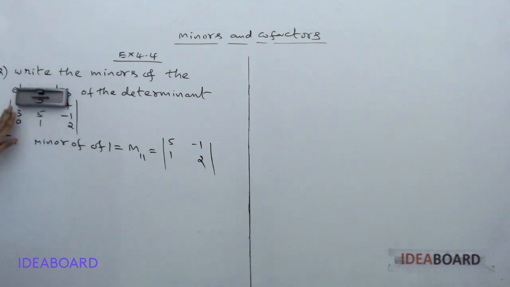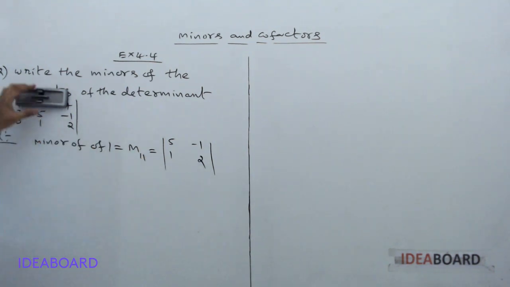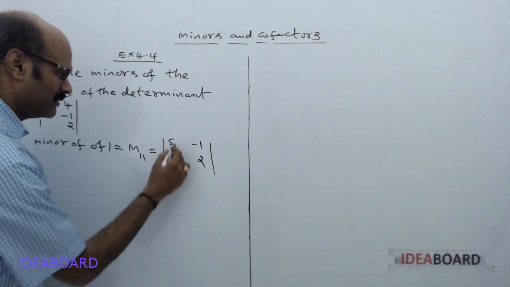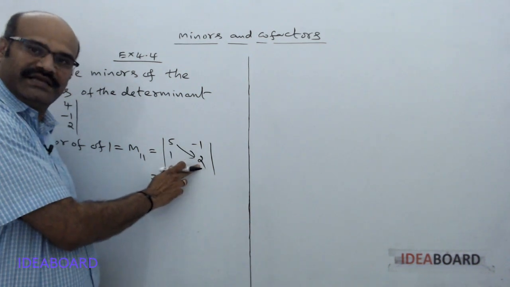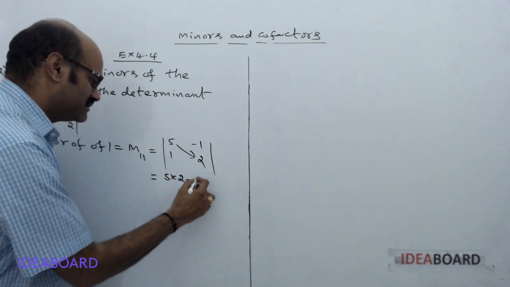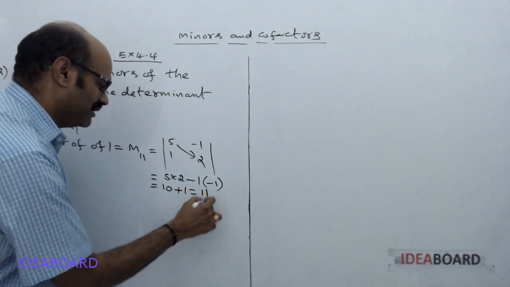Then we take the remaining 4 elements in a determinant. So it's equal to 5 into 2. We know that the determinant of a 2 by 2 matrix is 5 into 2 minus 1 into minus 1, 10 plus 1 equals 11.